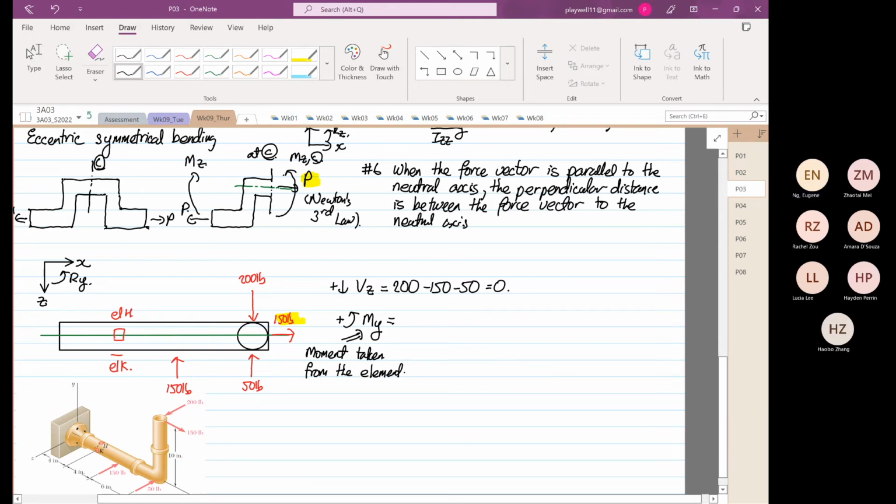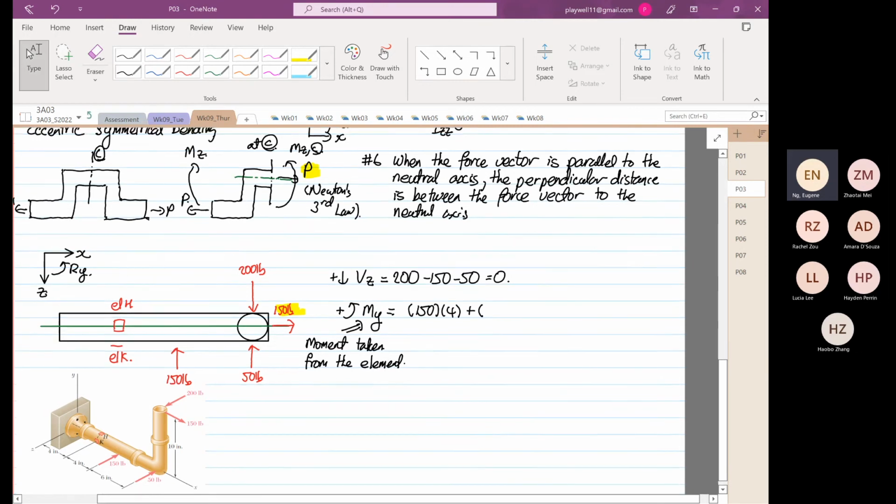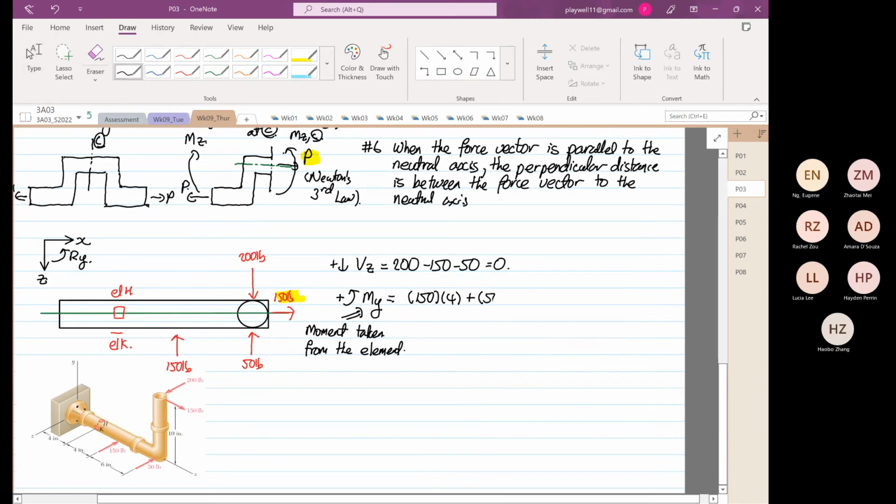So we know that the 150 will be multiplied by 4 because there's a perpendicular distance, plus 50 multiplied by 10, minus 200 multiplied by 10.